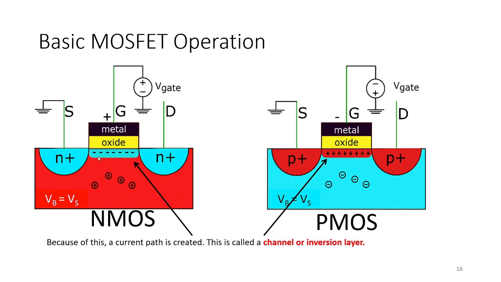Now it depends on the magnitude of the gate voltage how wide this path will be, and how wide this path is will define the conductance of the path between the source and drain. The path created is called a channel or an inversion layer.